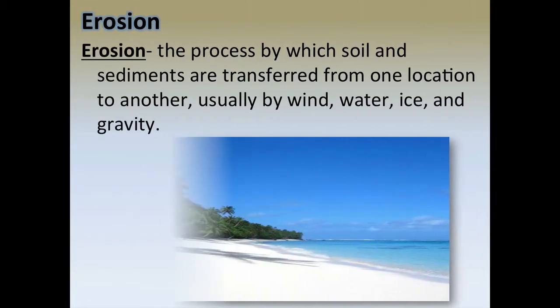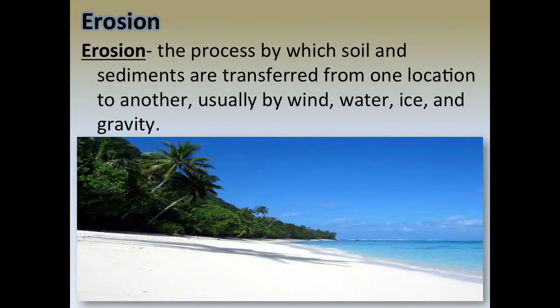Now, erosion. I said that they are not the same, but they are related. After rock is weathered or broken down into small sediments, here comes erosion. Here's where erosion comes in the door. Erosion is the process by which soil and sediments are moved from one location to another, usually by wind, water, ice, and gravity. That's the technical definition.